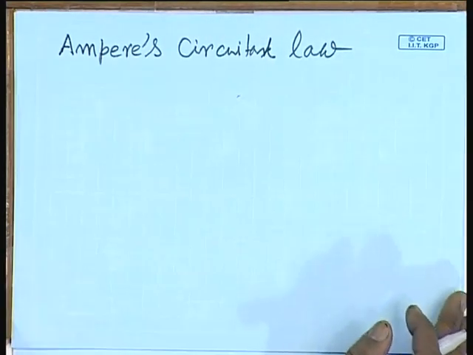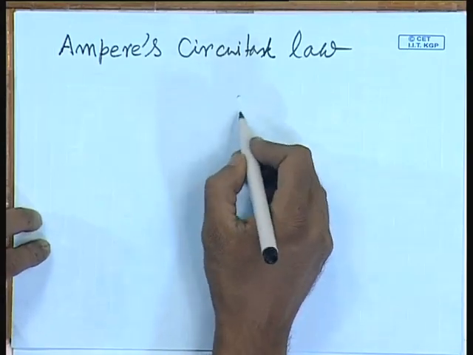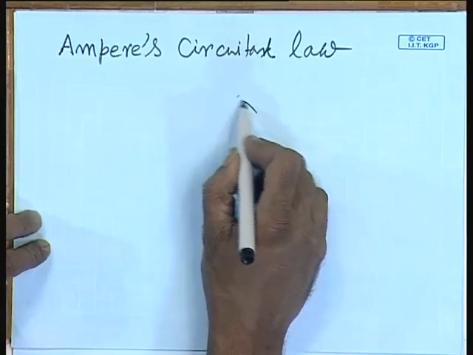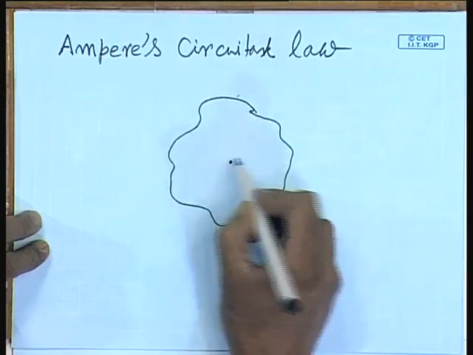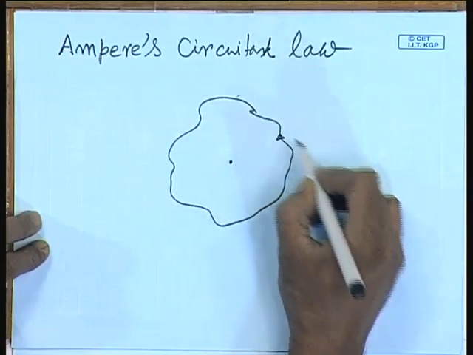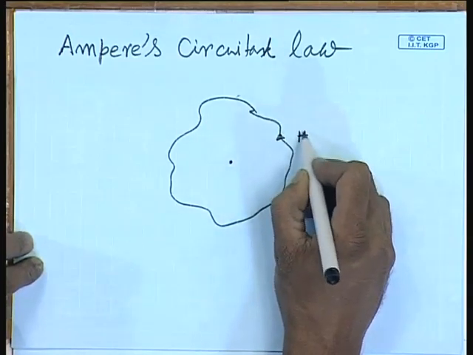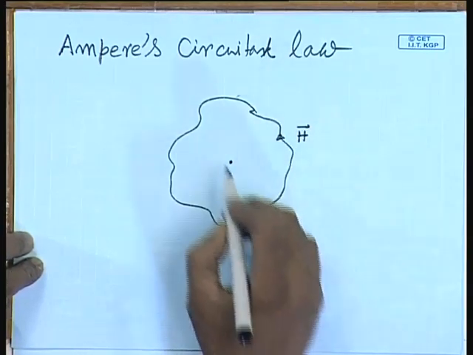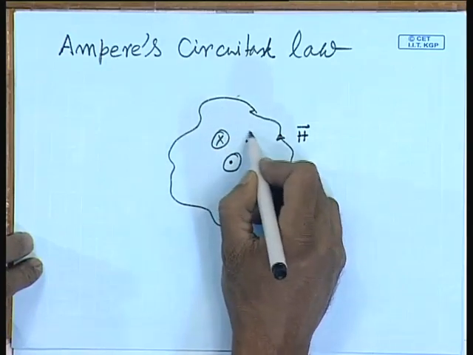This says that the line integral of magnetic field intensity H over a closed path is equal to the total current enclosed.